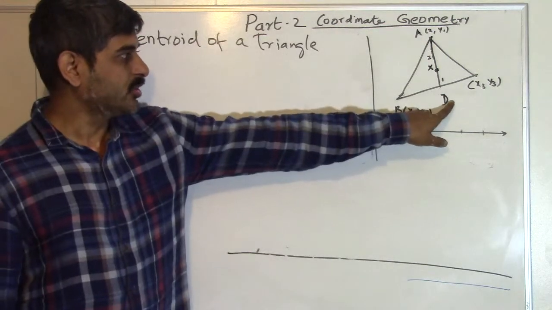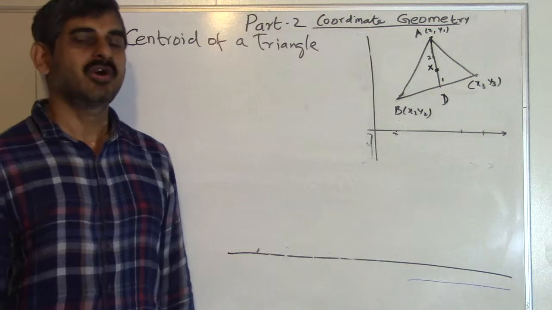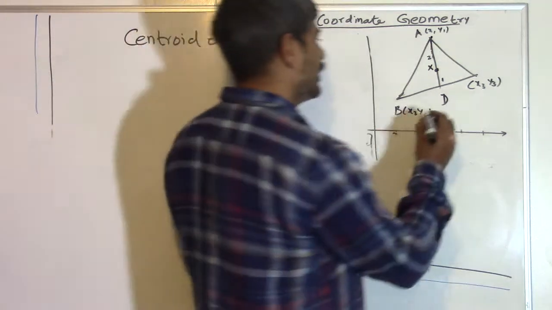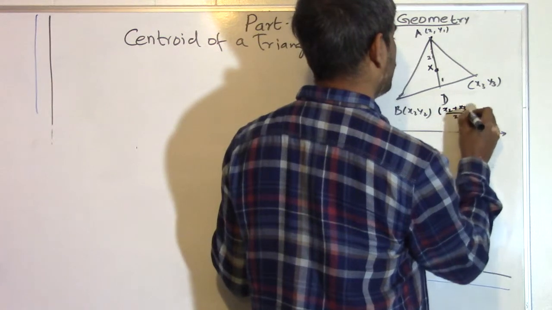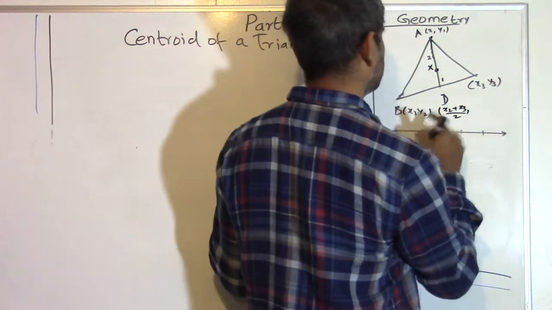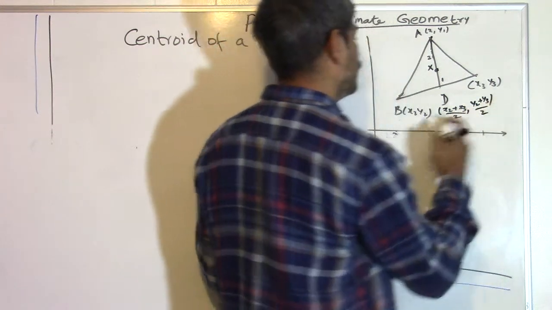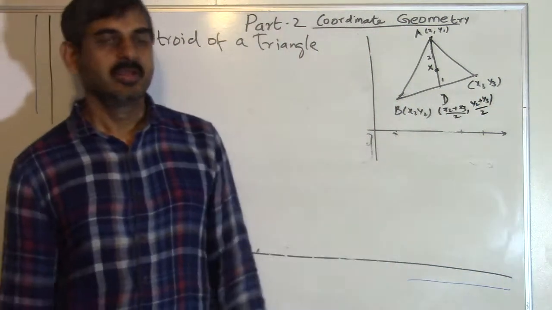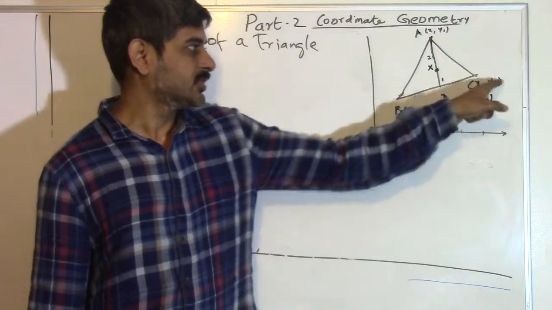We know the coordinate of this D. The coordinate of D, as we saw in the last lecture, is (x2 plus x3) divided by 2 and (y2 plus y3) divided by 2. We know that the midpoint is given by this plus this divided by 2 and this plus this divided by 2.